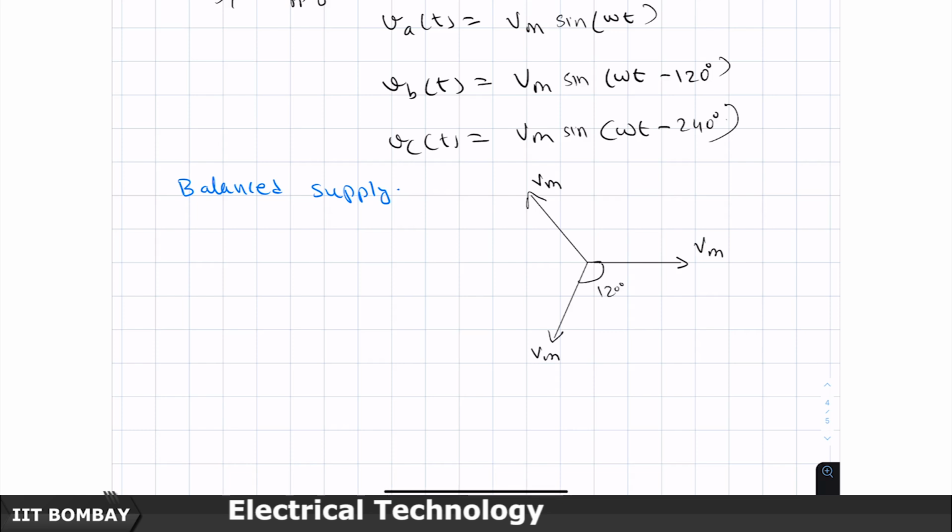So this is the phasor for Va, this is the phasor for Vb, and this is the phasor for Vc.